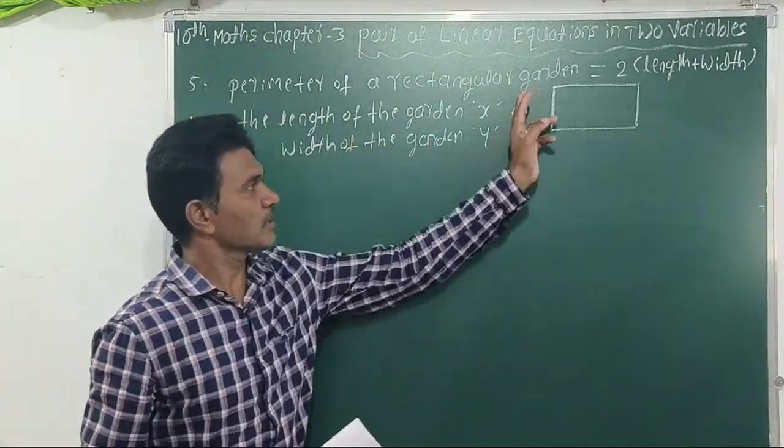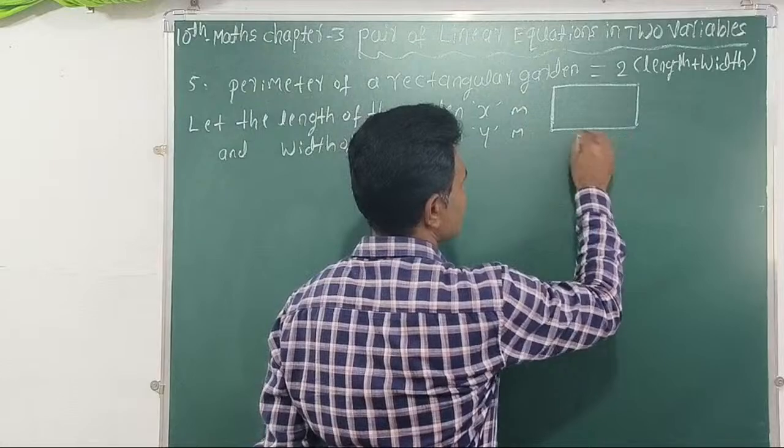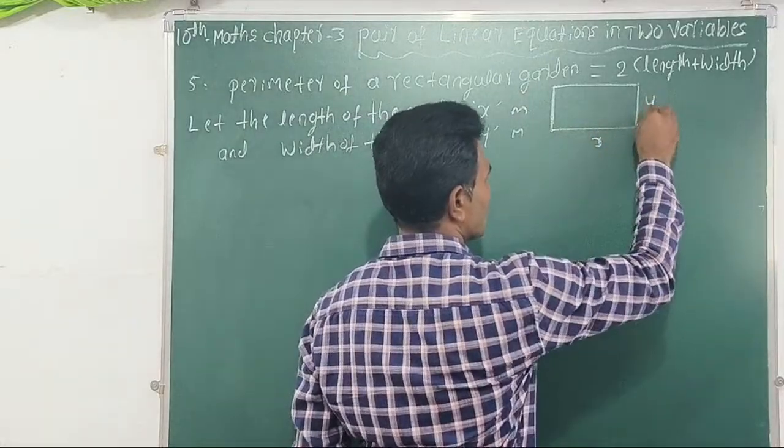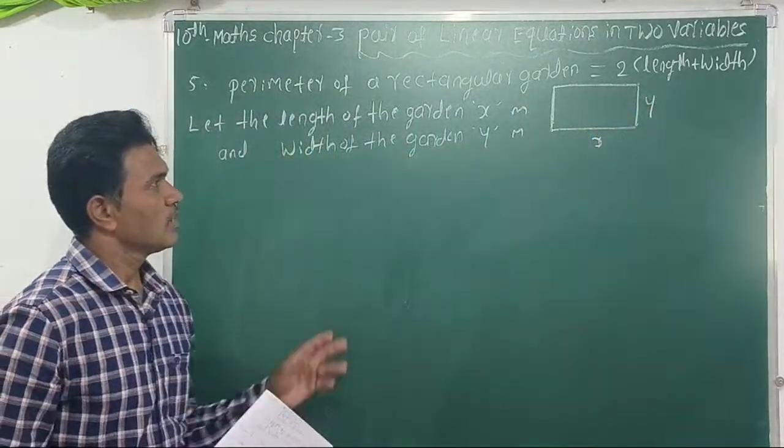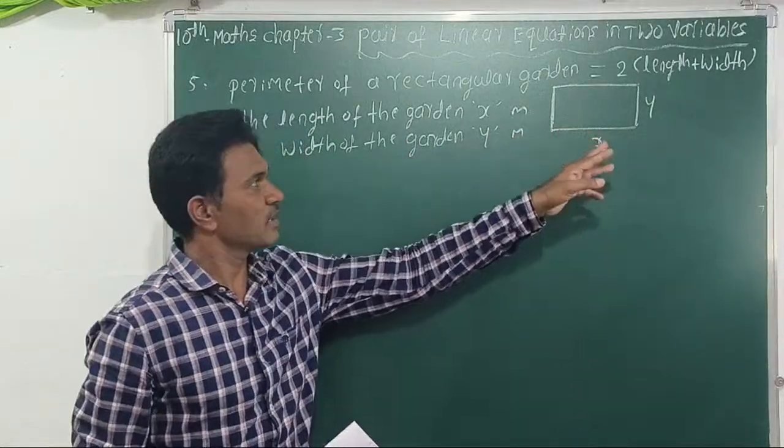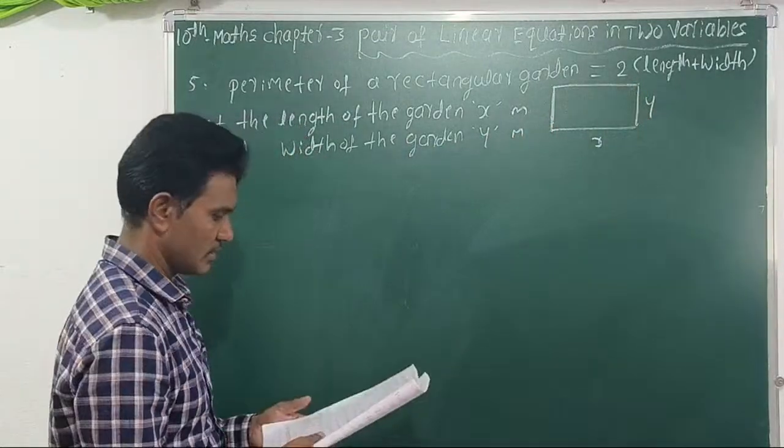Let the length of the garden x, length means this, width means y. Let the length of the garden x meter and width of the garden y meter.